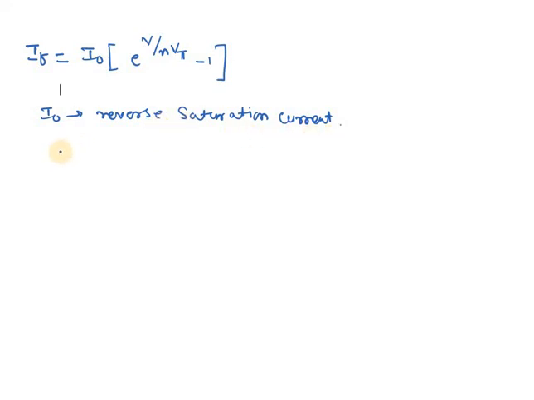Next, Vt is basically called as thermal voltage or volt equivalent, which has a value 26 millivolt. Remember, it's an important point. Thermal voltage is 26 millivolt, but at 300 degree Kelvin.